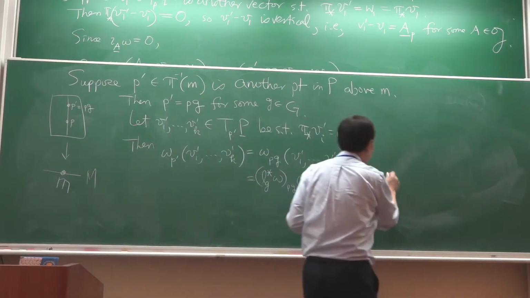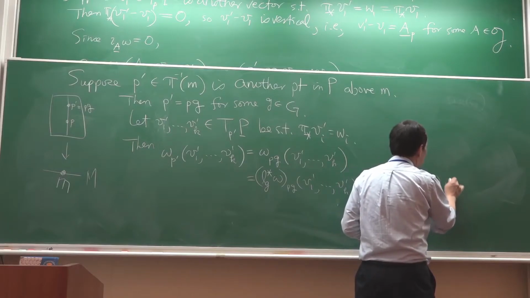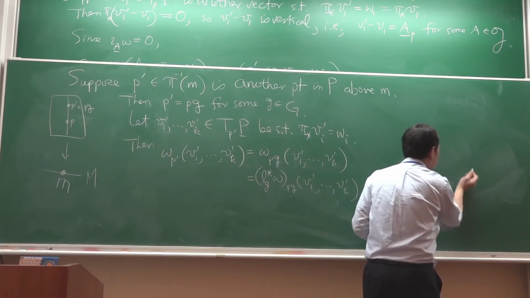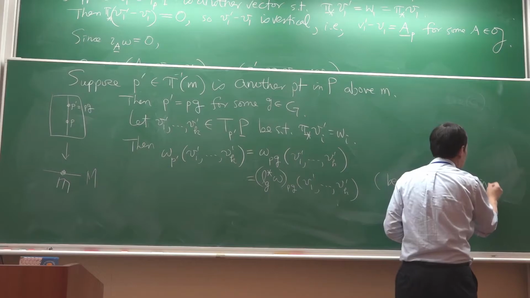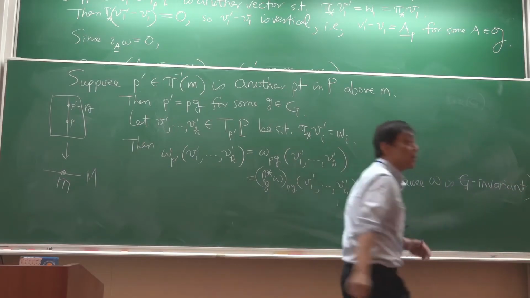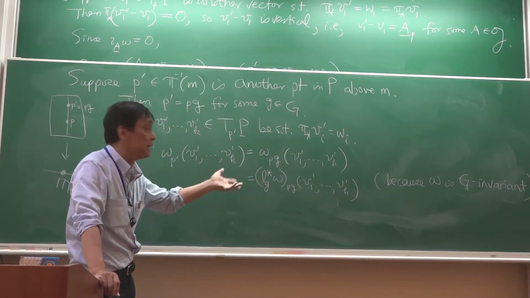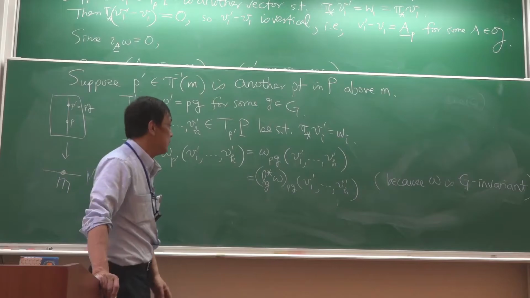So because omega is G invariant. Right? Because we're assuming that the Lie derivative is 0 and the group is connected, so omega is G invariant.